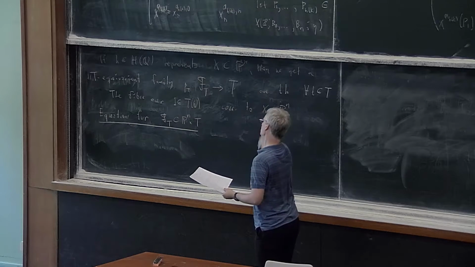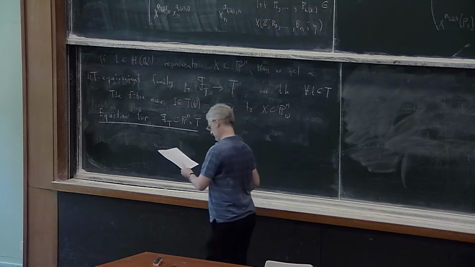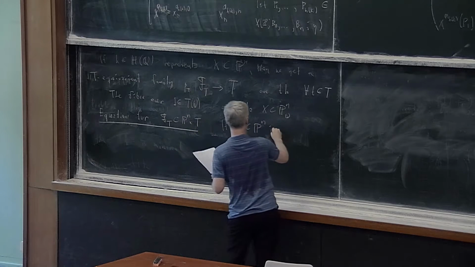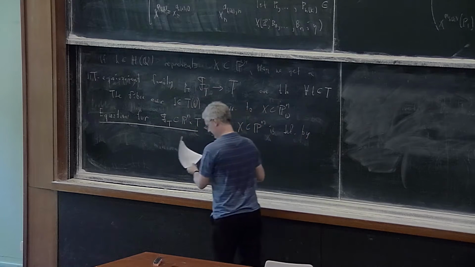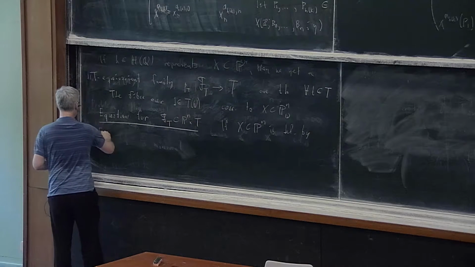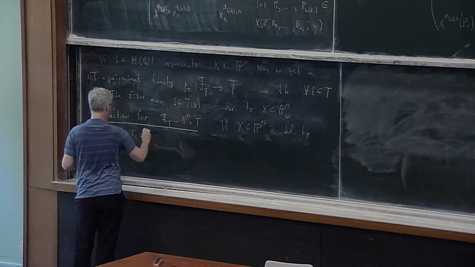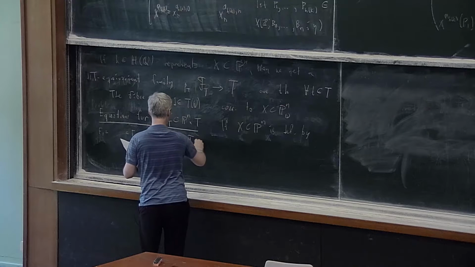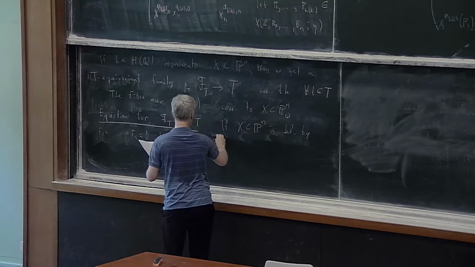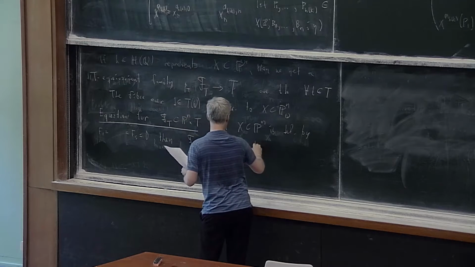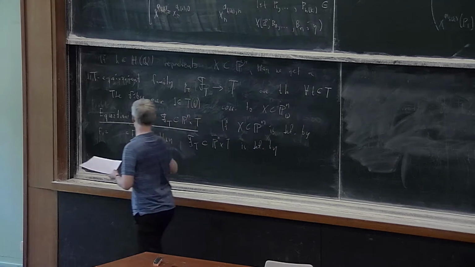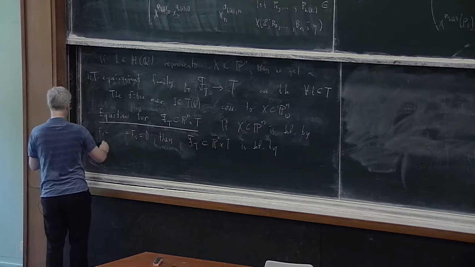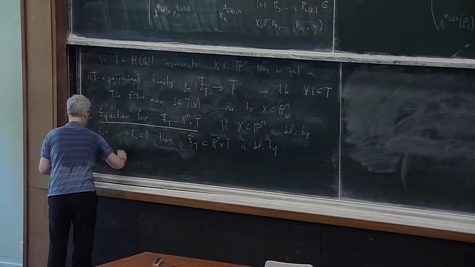So if X in Pn is defined by f1 equal to ... fs equal to 0, then this F of t contained in Pn cross T is defined by, so you just introduce more coordinates, f1 of t0 x0, etc., tn xn.